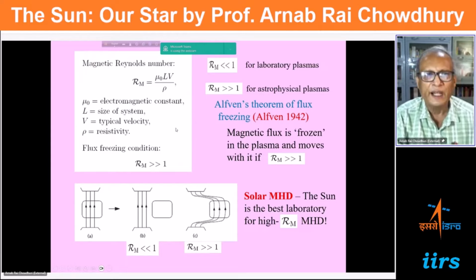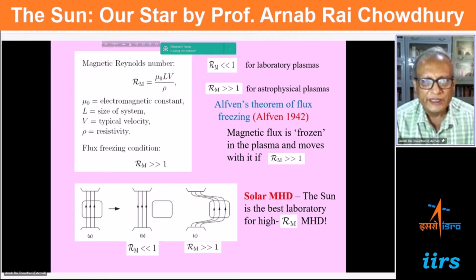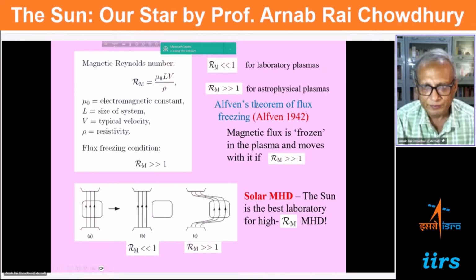This means that the larger the system, the bigger the magnetic Reynolds number. This number turns out to be much smaller than 1 for laboratory plasmas and much larger than 1 for astrophysical plasmas, and it follows from MHD equations that the plasma behaves very differently in these two limits.